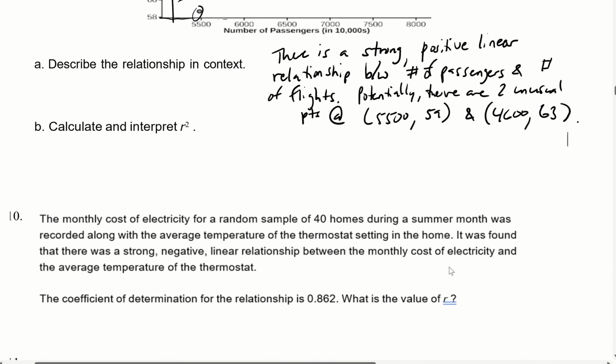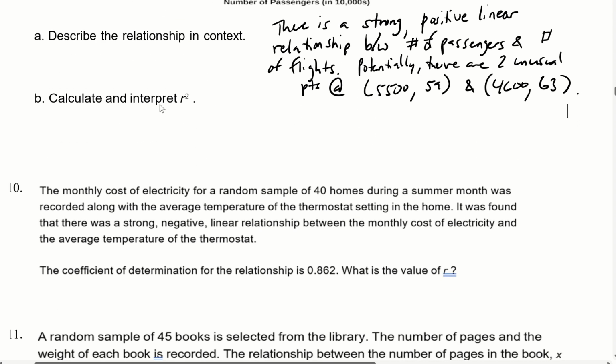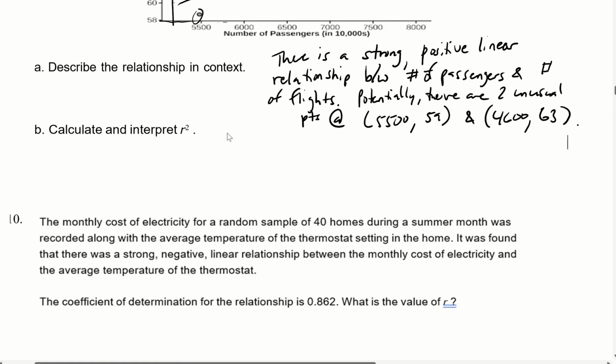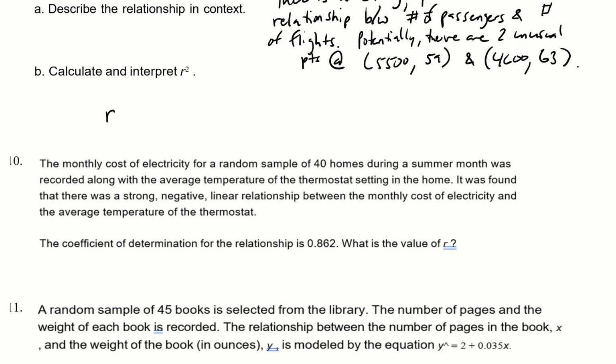All right. Now we're going to calculate and interpret r squared. Okay, so we're going to calculate r squared. Now they give us 0.914 for the r, so all we got to do is just square that. And they also want us to interpret it, so I'm going to leave some room to do that.